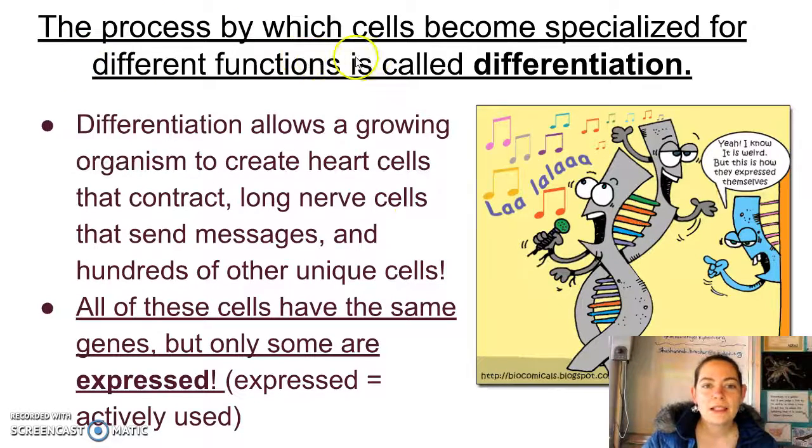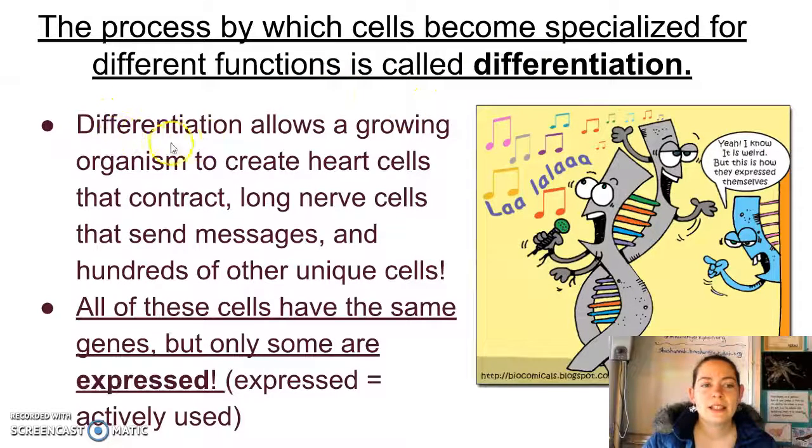Now, the process by which cells become specialized for different functions, meaning they get really good at a certain job, is called differentiation. I think we're on number 5 right now, so if you need to pause and catch up, go ahead. Differentiation is that process of a cell becoming specialized for a specific function or a certain job.